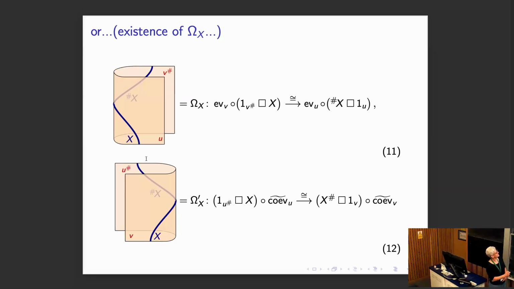So just the identity on this thing that carries the bulk label V. And then that's supposed to be isomorphic to a picture where this is on the other side. And a similar picture for the opposite cylinder.